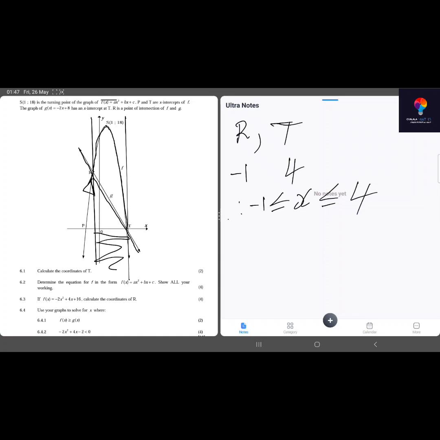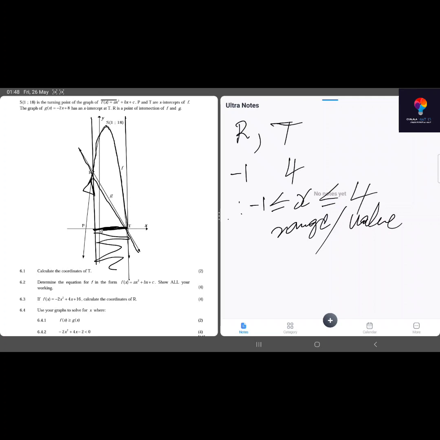With these two values, because here the question is actually asking about the range, not the value, it's a couple of values of x from the x coordinate of T to the x coordinate of R. So it is above the straight line.